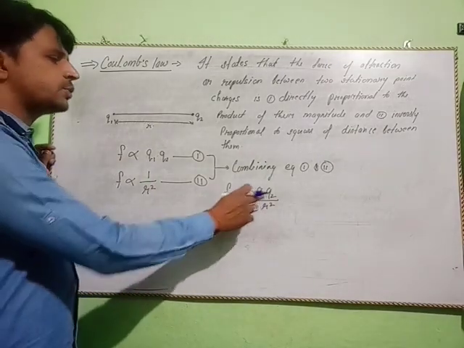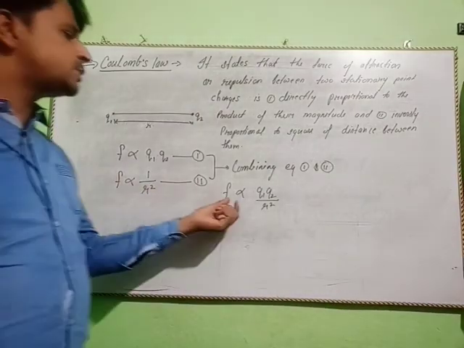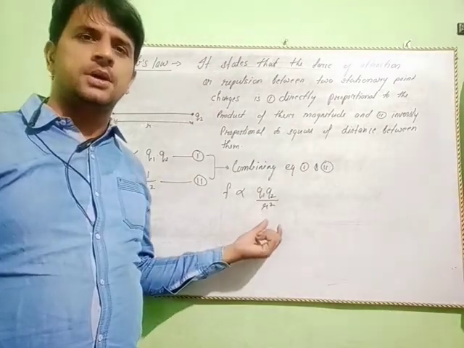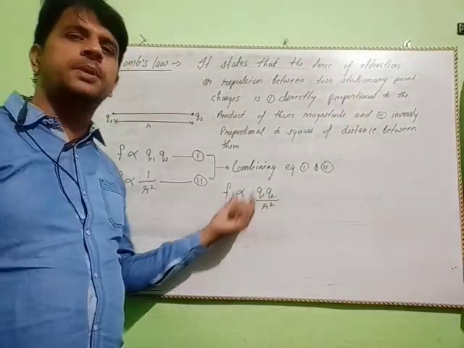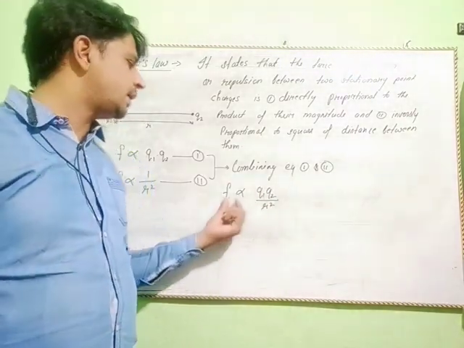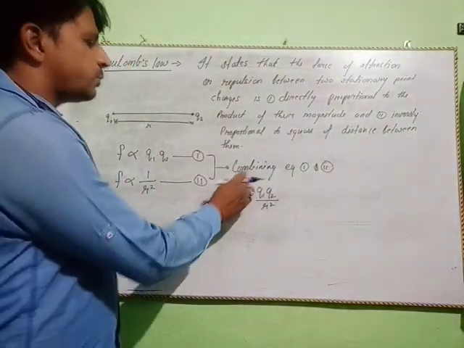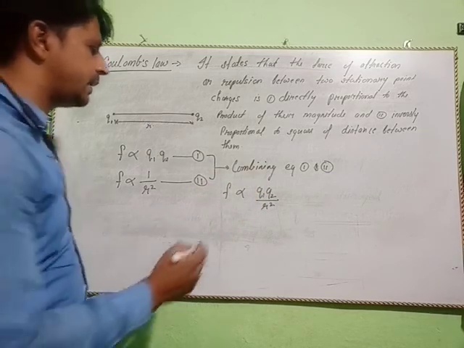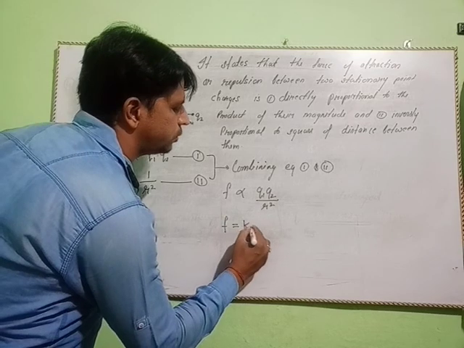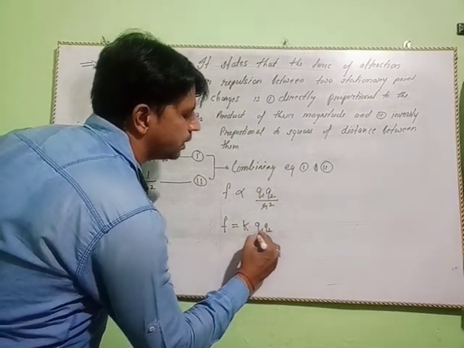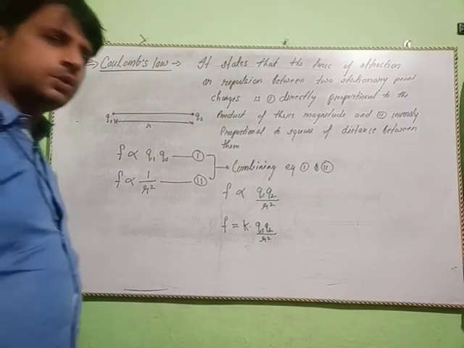Now to remove this proportionality we have to multiply a constant, or in other words we can say that the ratio of this will be a constant. Mathematically, F upon q1 q2 upon r square equals a constant. So to remove the proportionality we multiply the constant, so this force will become F equals K into q1 q2 upon r square. Okay, so this is Coulomb's law.